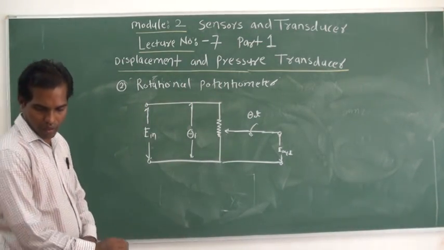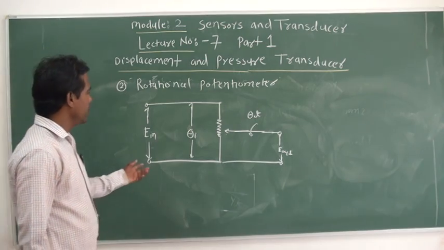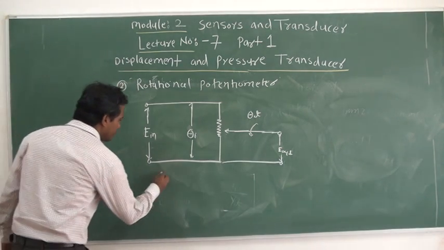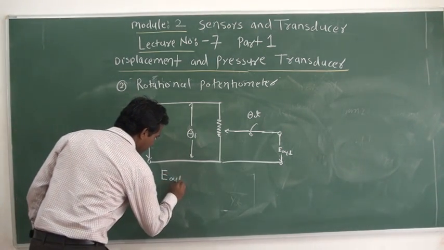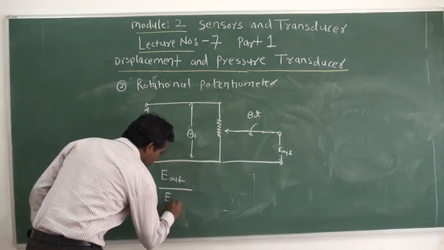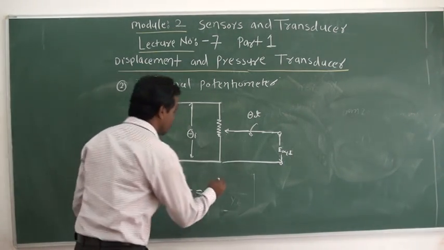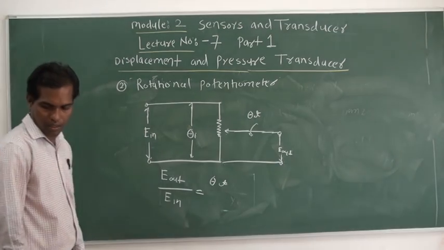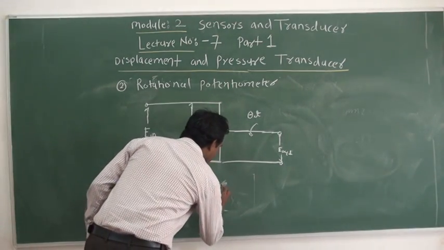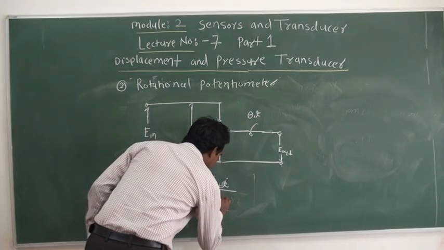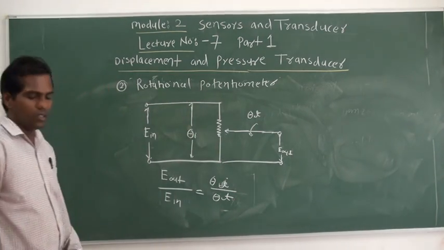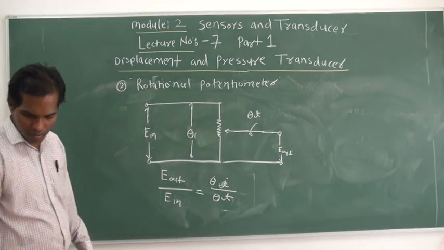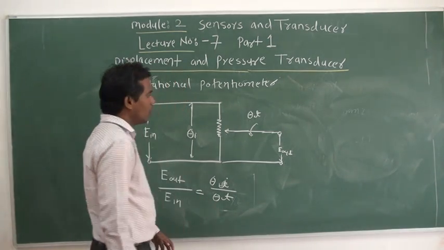So the relation under the ideal condition between its input voltage and output voltage can be given by E out divided by E in is equal to theta I divided by theta t, where theta I is the total angular displacement on the input and theta t is the total length of a wiper.